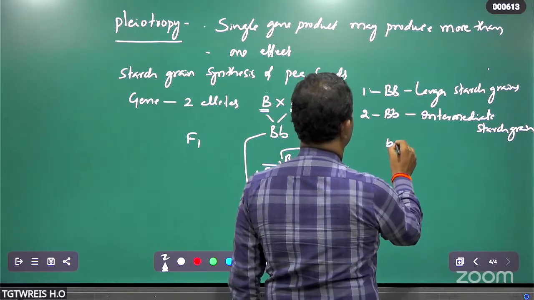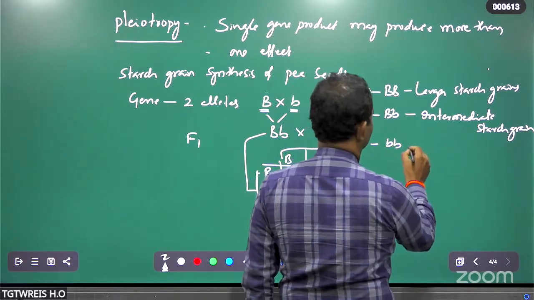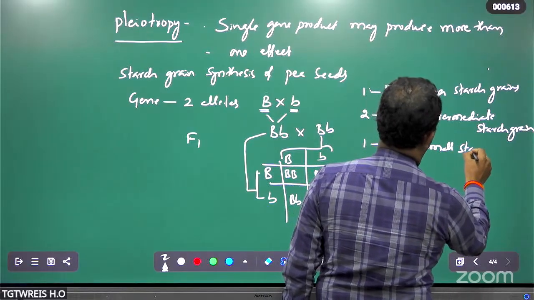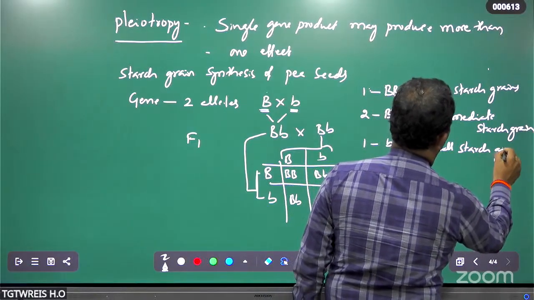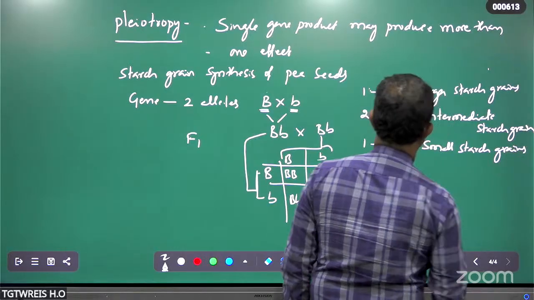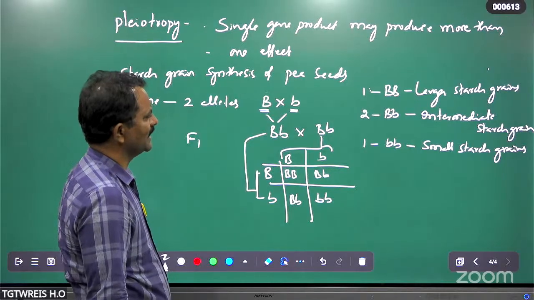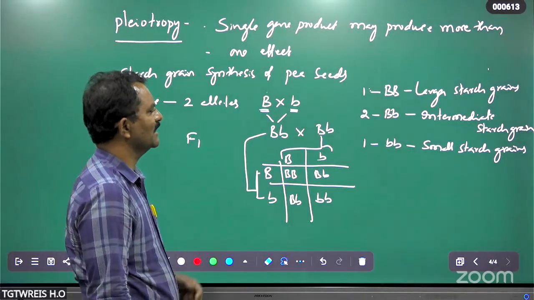And small b, small b, one plant, shows small starch grains. Starch grain size is one of the characters.